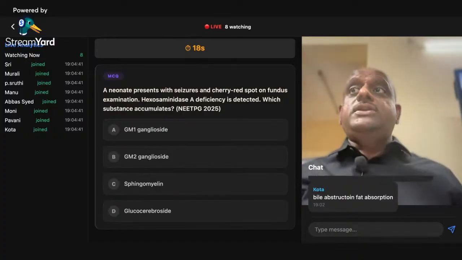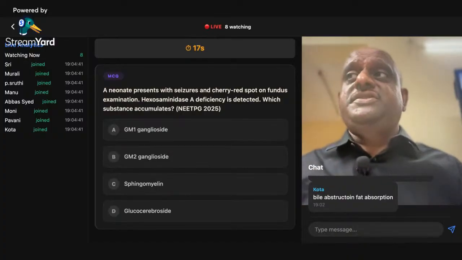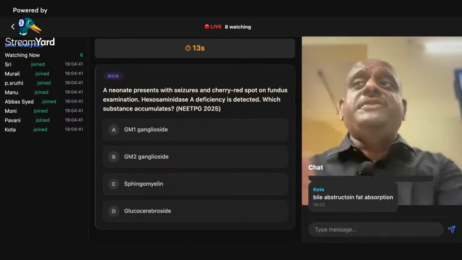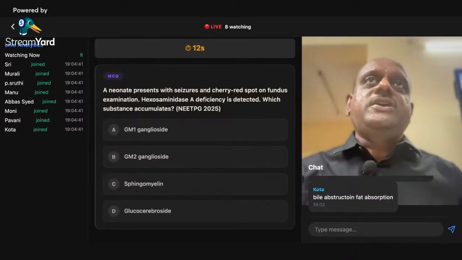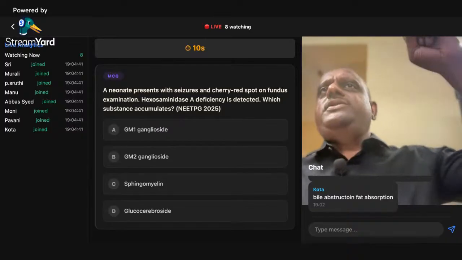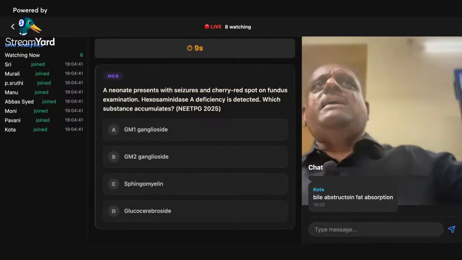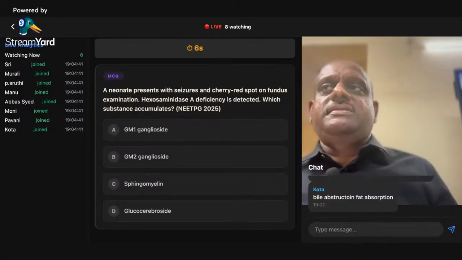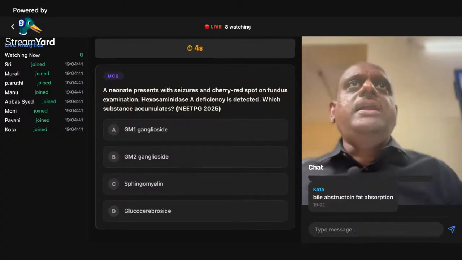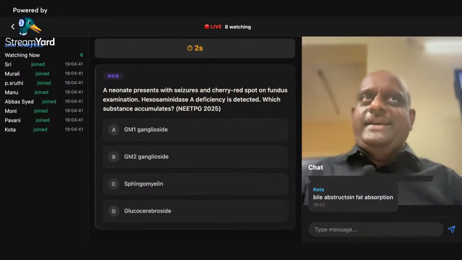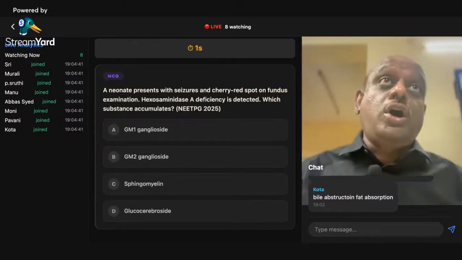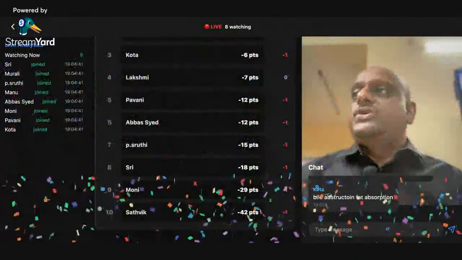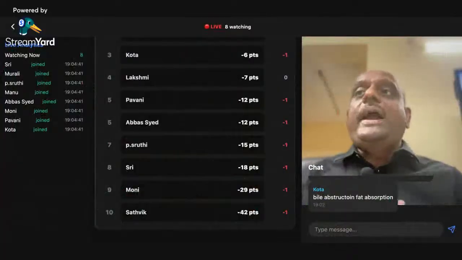Now, a neonate presents with seizures, cherry red spot, hexosaminidase A deficiency. Which substrate is accumulated, doctor? One MCQ in every NEET PG invariably comes from mucopolysaccharidosis. So what is this called? Niemann-Pick disease, right? All this you should remember. So it is the GM2 ganglioside.